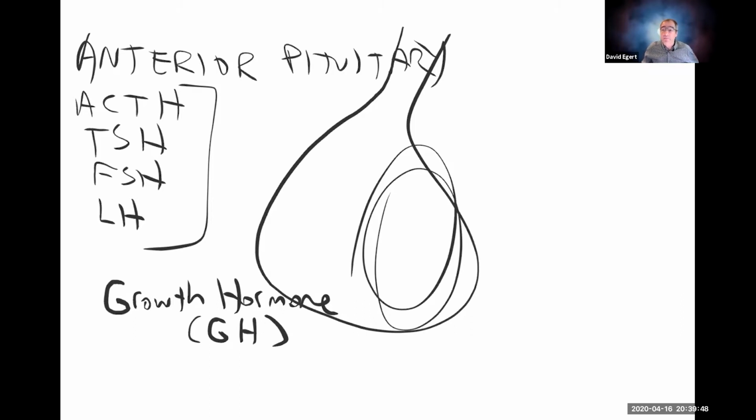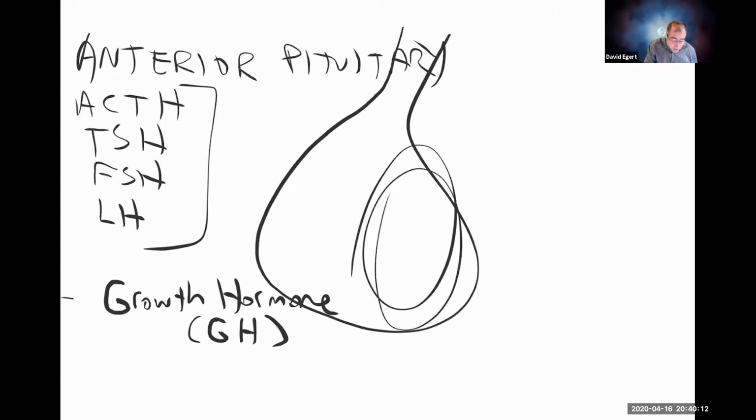It actually promotes growth of muscle mass and all sorts. You need a certain amount of this to maintain your tissues and all that. But if you have too much, it causes overgrowth of things and problems, or not enough, it also causes problems.